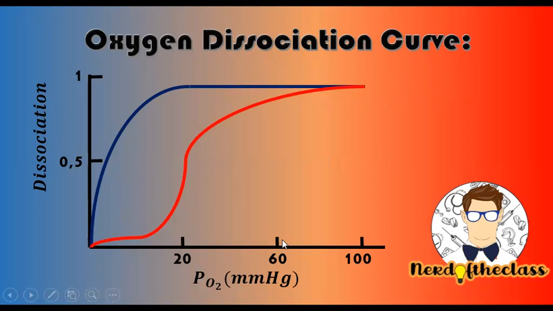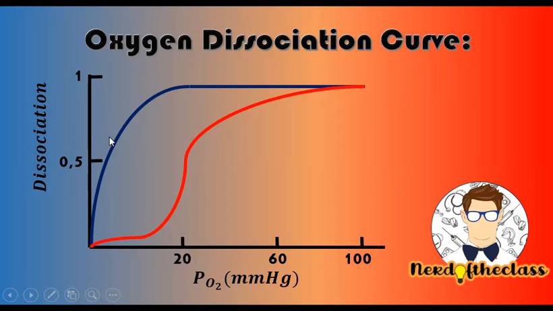In the x-axis, we will have the pressure of oxygen, and in the y-axis, we are going to have the percentage of dissociated molecules. So this curve corresponds to the myoglobin and this curve to the hemoglobin.